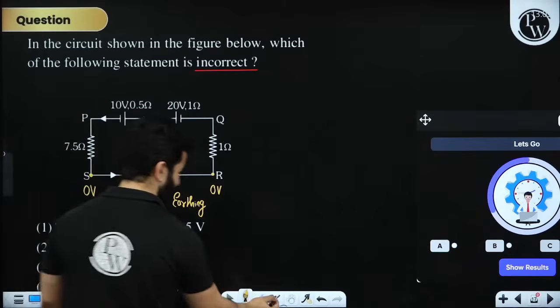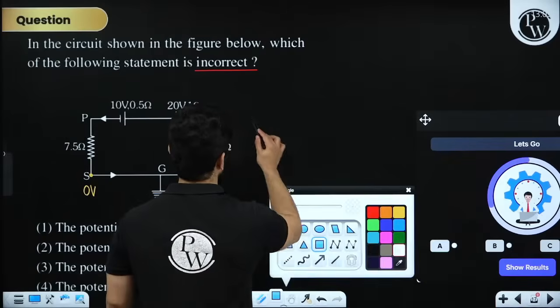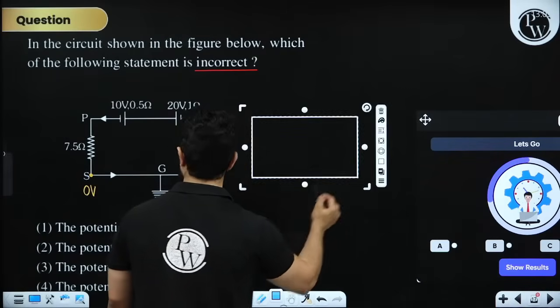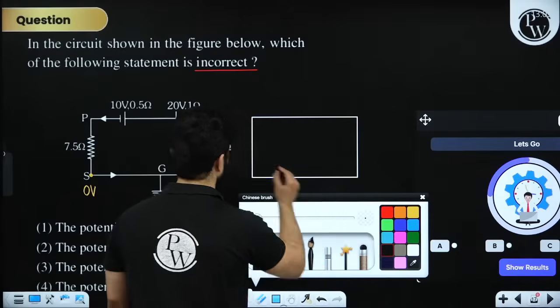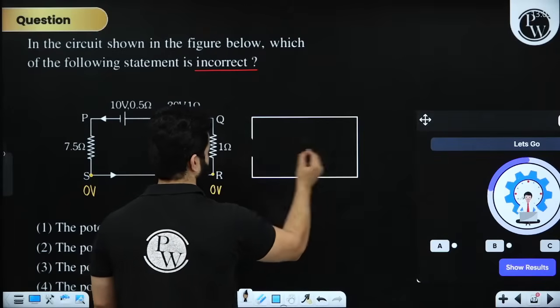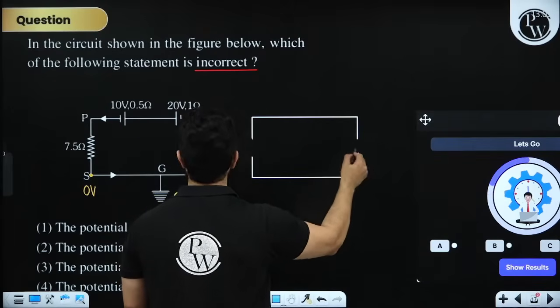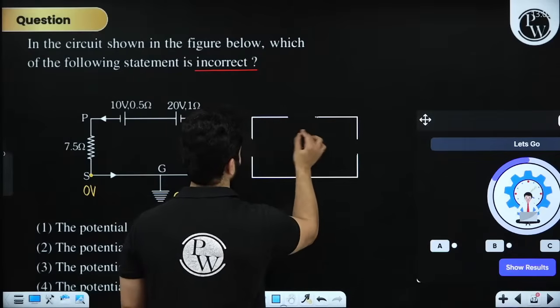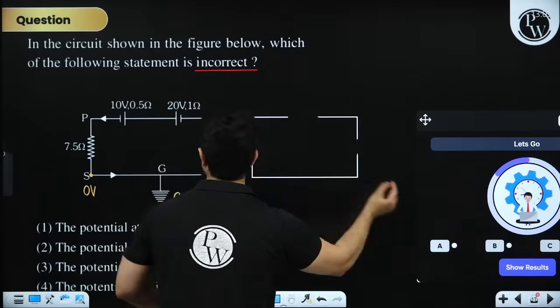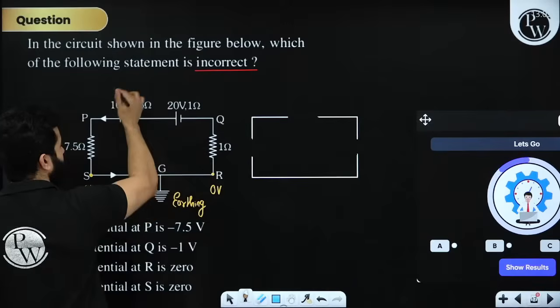Now the next thing is to draw one more circuit over here, and let me help you. We have got some resistors over here. We have got one single battery at this point, and I'm going to draw that battery. Please note, this is 20 volt, this is 10 volt.